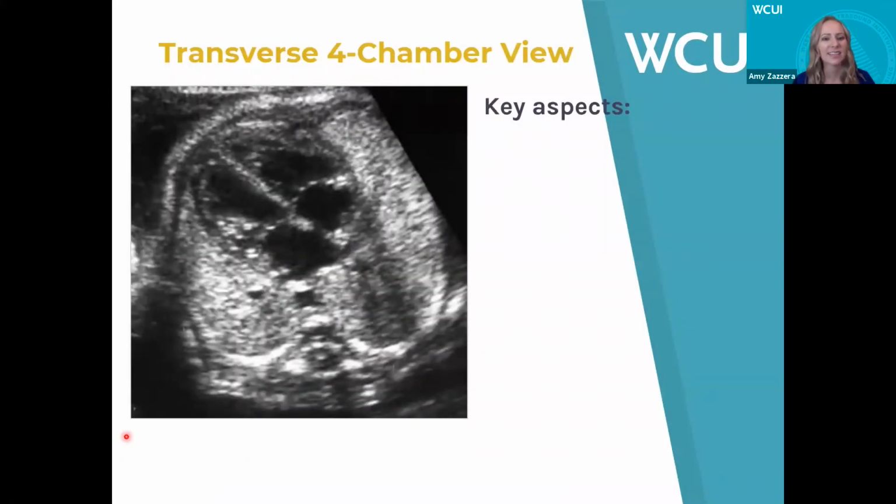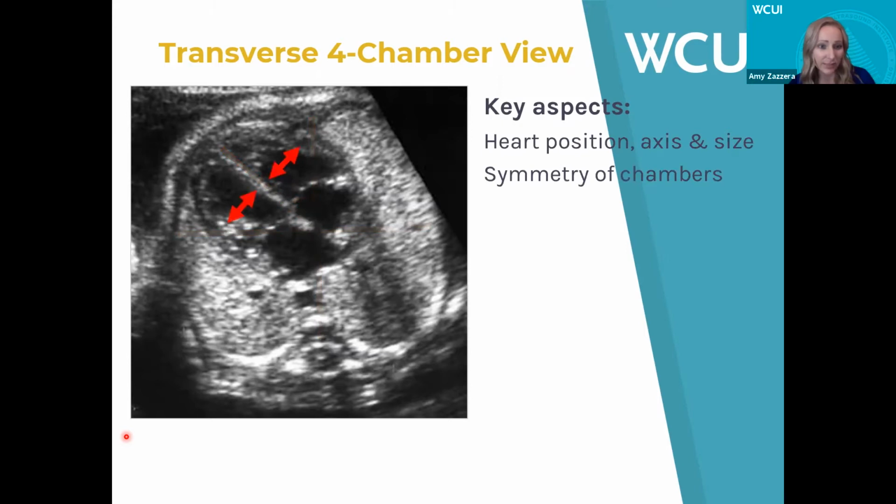Okay, this is a great diagram of the 4-chamber. So let's look at, we can see the heart position, we can see the axis of the heart, the size of the heart, and then we'll look at the ventricles. So here we're looking at the symmetry between chambers, and then the symmetry between atria, and the offset of the AV valves.